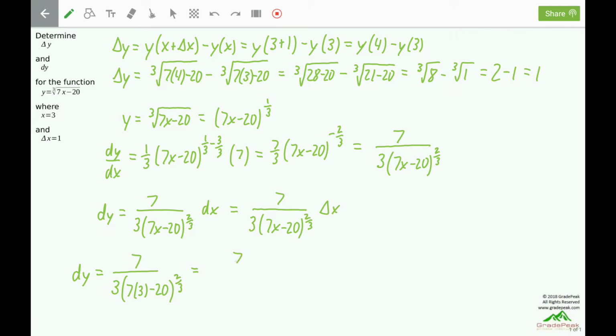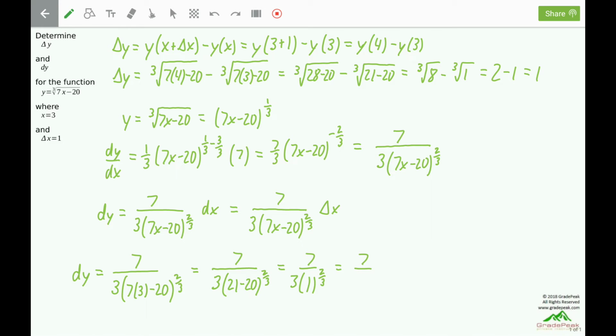So we have 7 divided by 3 times 21, 7 times 3, minus 20 to the 2/3, or 7 over 3 times 21 minus 20, which is 1, to the 2/3.